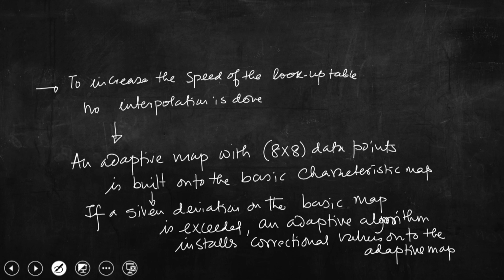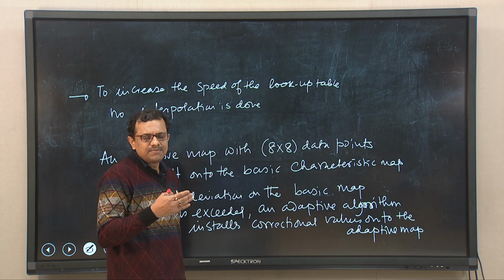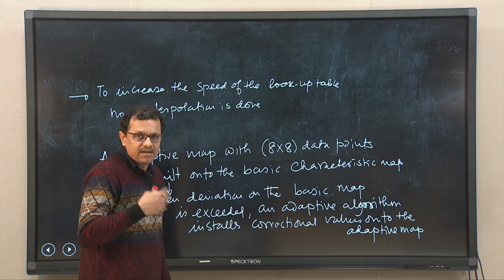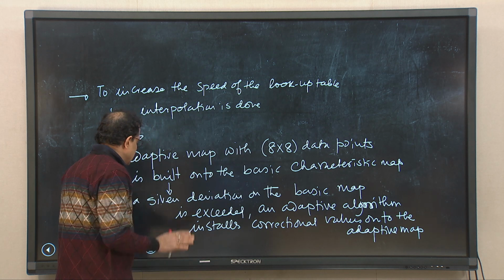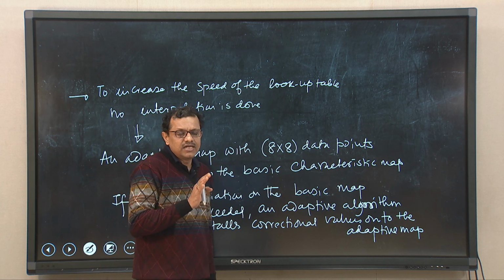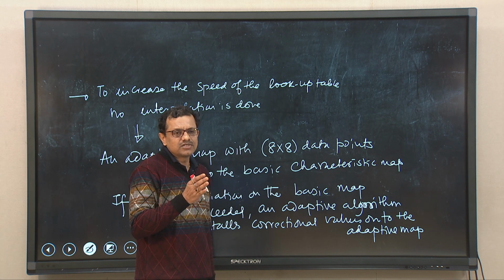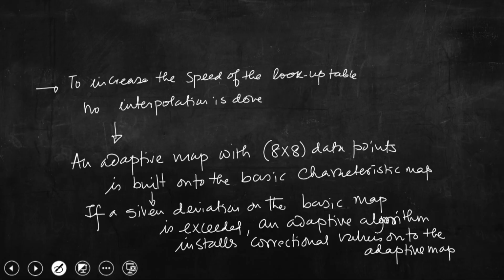Now, this adaptive algorithm is based on some evaluation of signals received from a special sensor, and that is known as the lambda sensor. So, a special sensor should be integrated into that circuit, and that sensor is responsible to provide some signal or input.